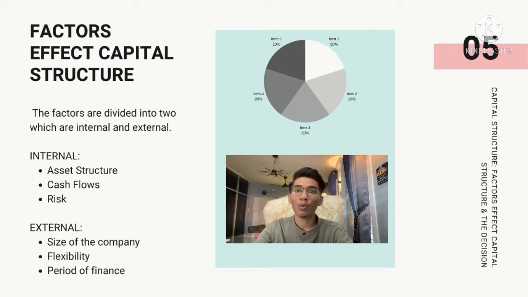Secondly, cash flows. From what I understand, a company's cash flow capacity will have a direct effect on its capital structure. The ability of a company to generate cash flow enhances the freedom of the finance management in determining the capital structure. Cash produced by a business or availability of a constant flow of cash boosts a company's image.